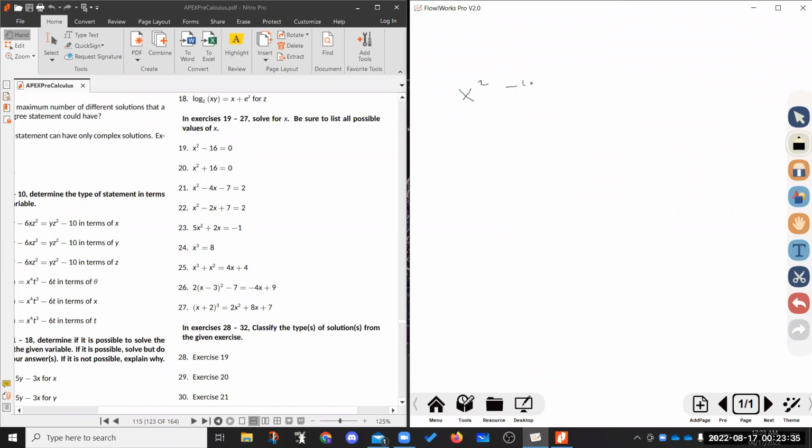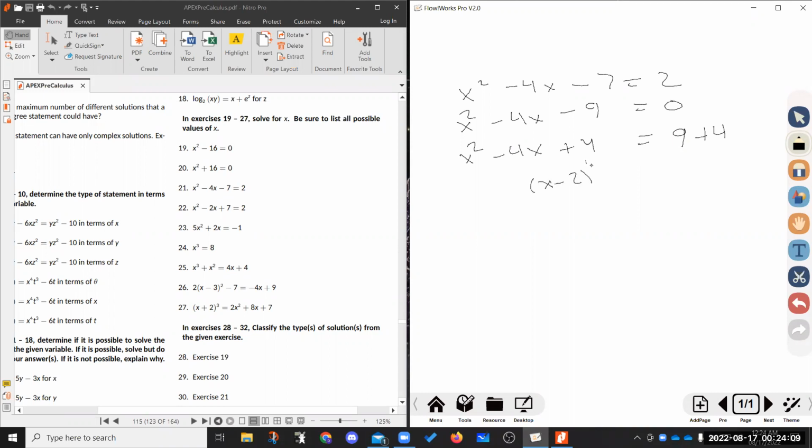X squared minus 4x minus 7 is equal to 2. So we would like to start off with this if we can. Are there any factors of 9 that we know that have a difference of 4? No, can't do that. So let's go ahead and make this over here, take half of the middle number and square it.